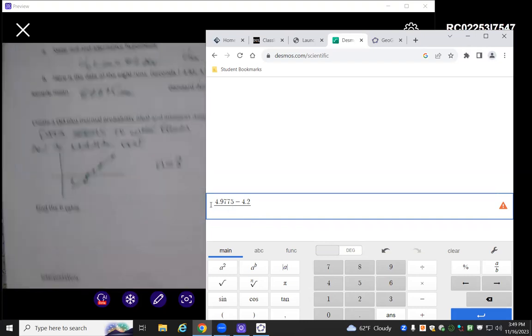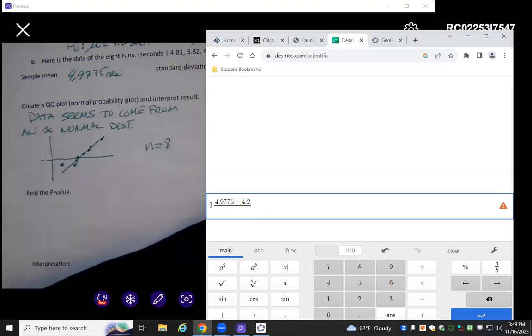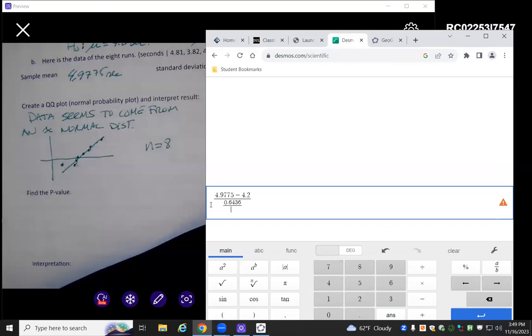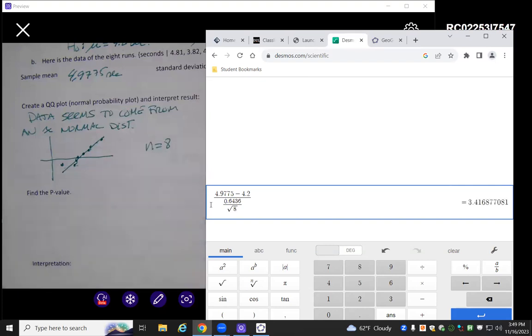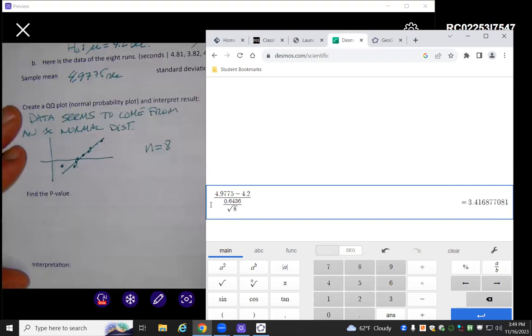Another way of doing it without having to use parentheses. Then I go 0.6436 in division. Then you could hit the square root button. I'm just going to type square root, just going to go faster. And I get my value. My t-score is 3.4168. And again, I'm going to round at that point.